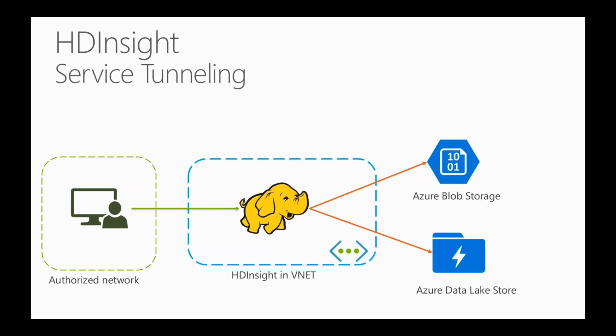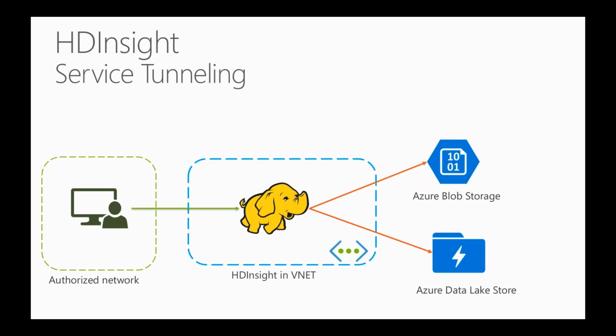Basically the problem here is that Blob Storage and Data Lake Store have public endpoints by default. When you create them, they have public endpoints. You can't turn them off. They just have them. If you connect HDInsight to it in the default configuration, it's going to use the public endpoint to gain access to Blob Storage or Data Lake Store. So all your communication, even though it is encrypted traffic, is still going over the public internet to access your storage, which is not ideal.